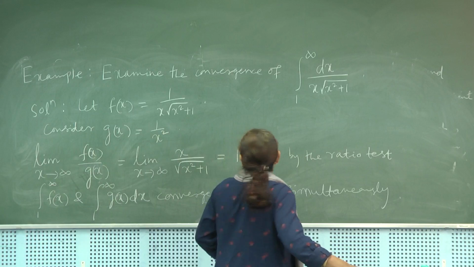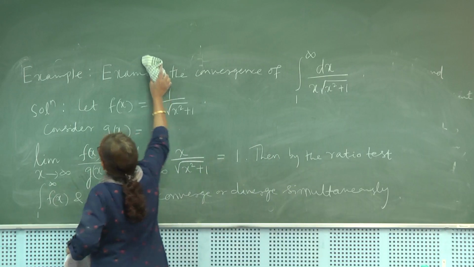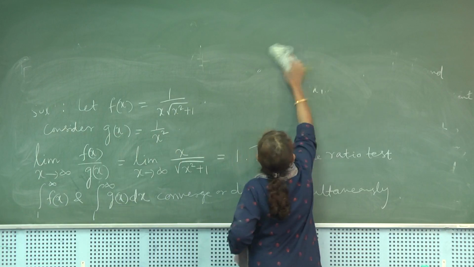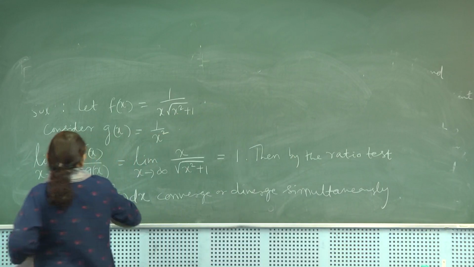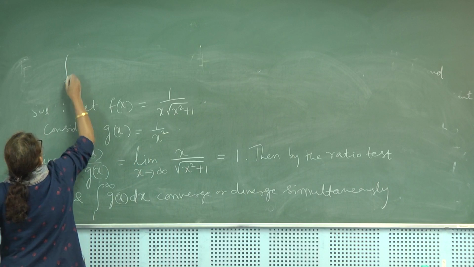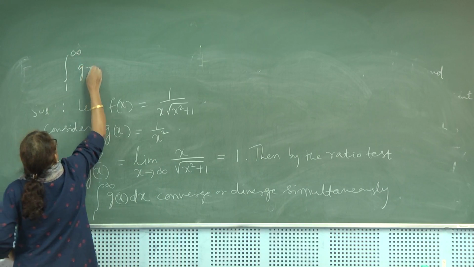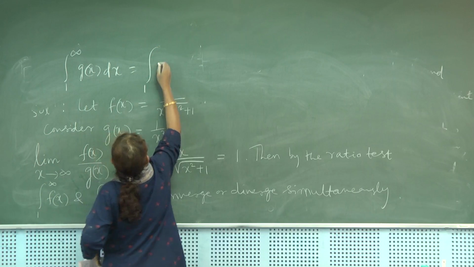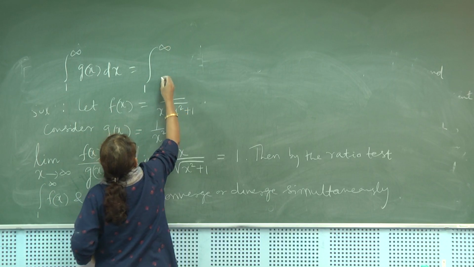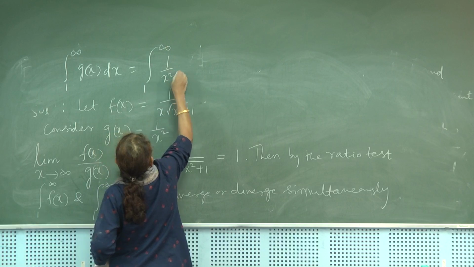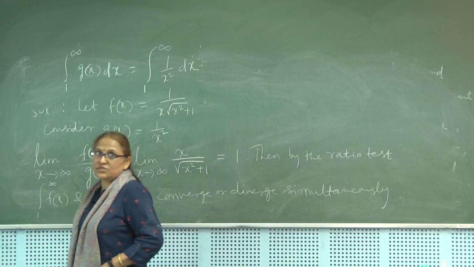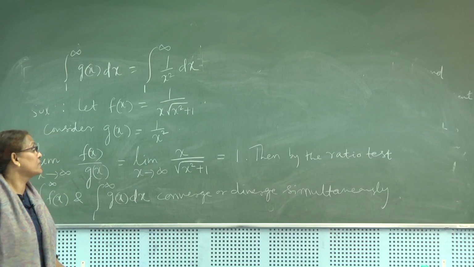Well, look at this, what I am saying is, now we shall consider this improper integral, the integral from 1 to infinity of g(x) dx, which is the integral from 1 to infinity of 1 by x square dx. So, what can you say about the convergence of this improper integral?